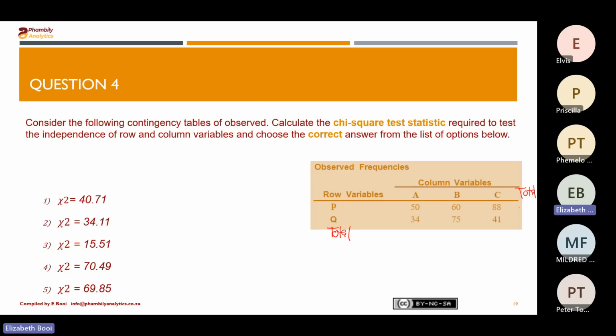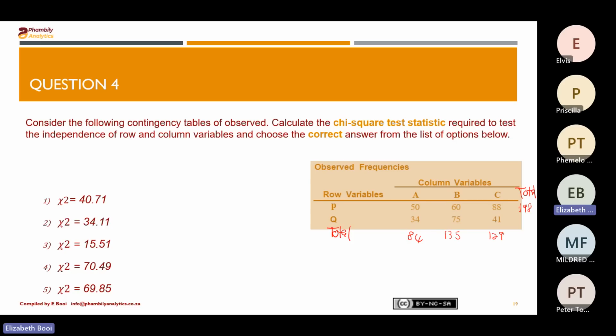So the total, this is 84. This will be 100 and 129. And 110 plus 88 is 198. 34.